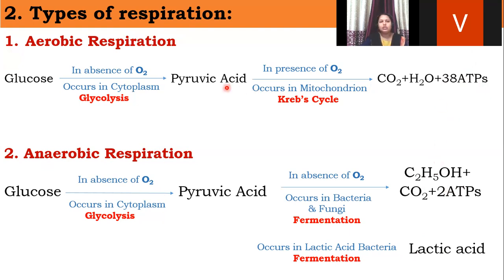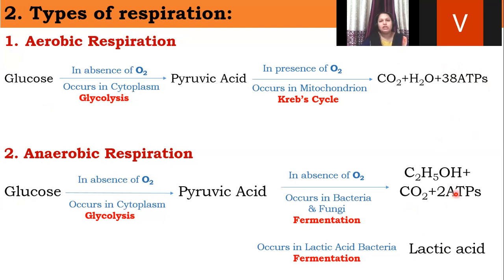You can see in case of aerobic respiration, from a single glucose molecule, 38 ATPs are generated, whereas in anaerobic respiration from a single glucose molecule only 2 ATPs are generated. So which process is energy efficient?